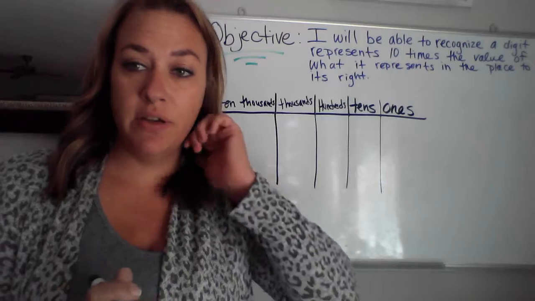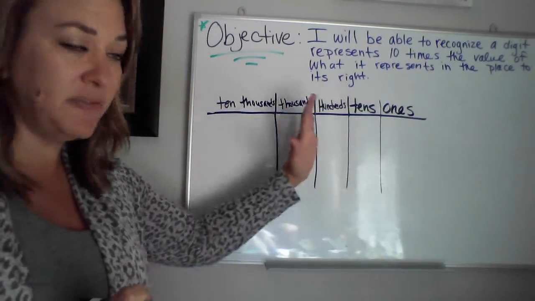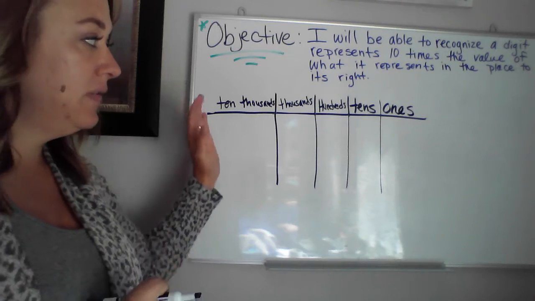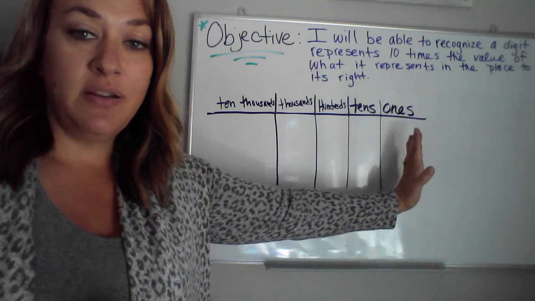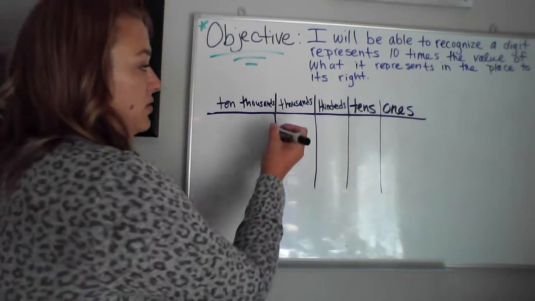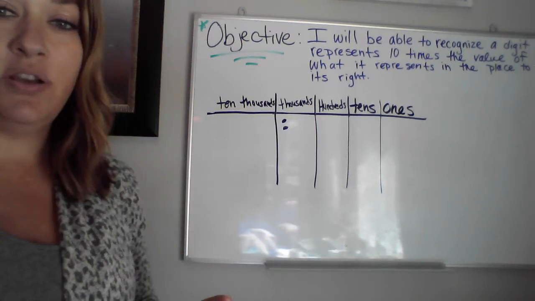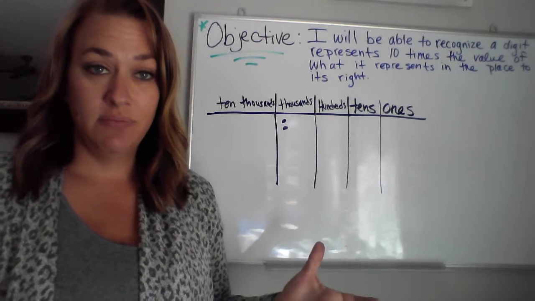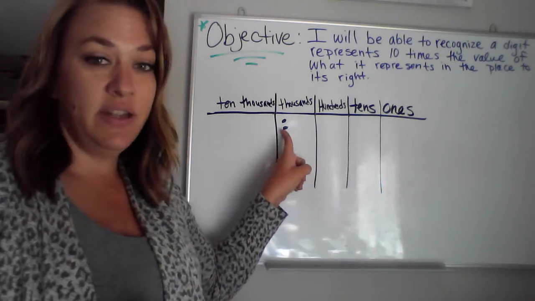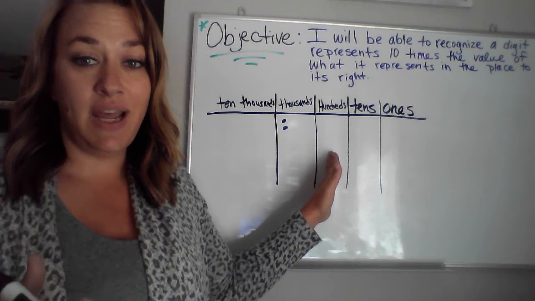I mentioned that we are going to be moving left and right on the place value chart. If we are moving to the left, we are multiplying. We're getting larger. If we move to the right, we are dividing. Our numbers are getting smaller. So if I have 2 units in my thousands place, and I want to know how many hundreds that is, remember, for me to get 1 unit in the thousands place, I need 10 hundreds.